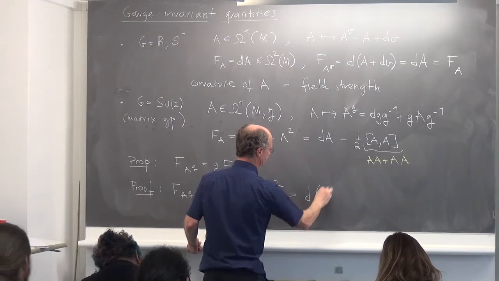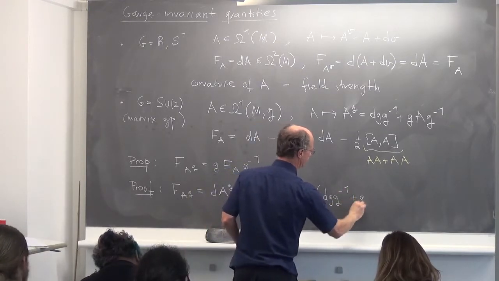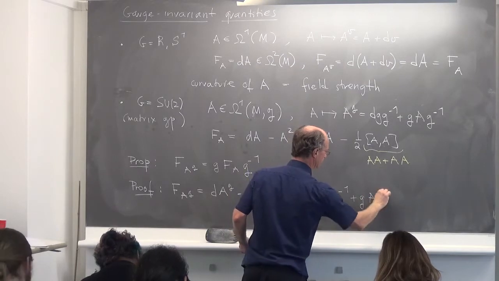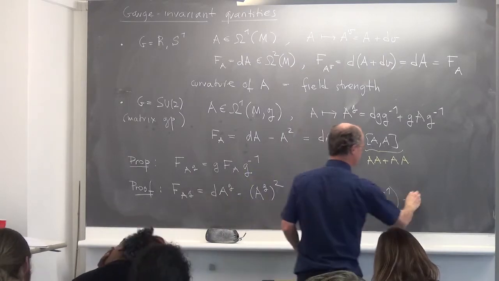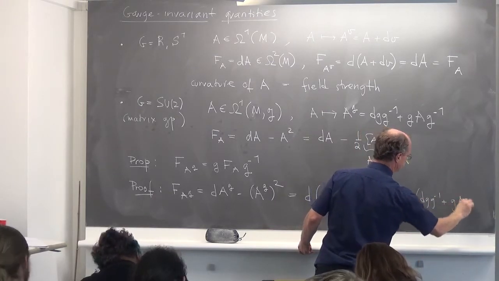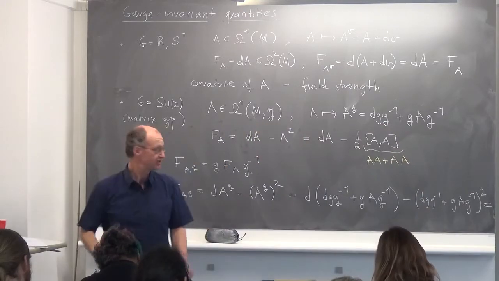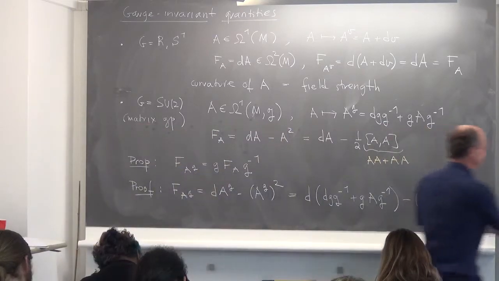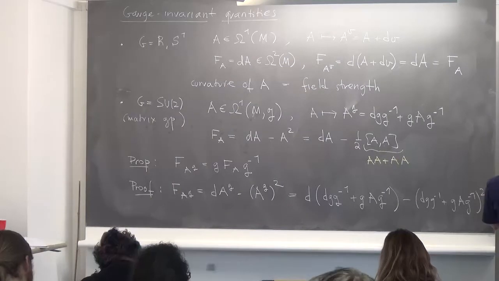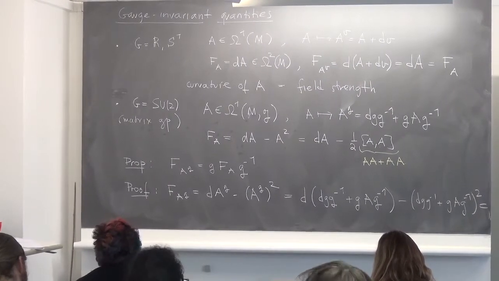And this is d of (dg g^-1 + g A g^-1) minus (A^g) squared, so this is a huge expression. Let's work out how it looks.